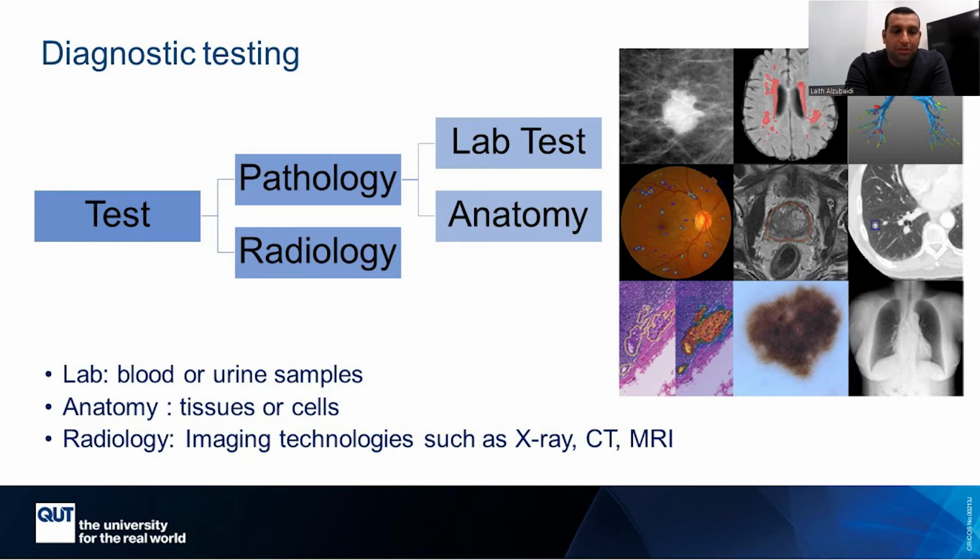For example, detecting breast cancer or sickle cell anemia from histology images of blood, tissues and cells as well. From imaging technologies like X-ray for COVID, CT, like brain tumor, MRI, also brain tumor and strokes, different types of diseases. So deep learning can deal with different types of images, different types of diseases.